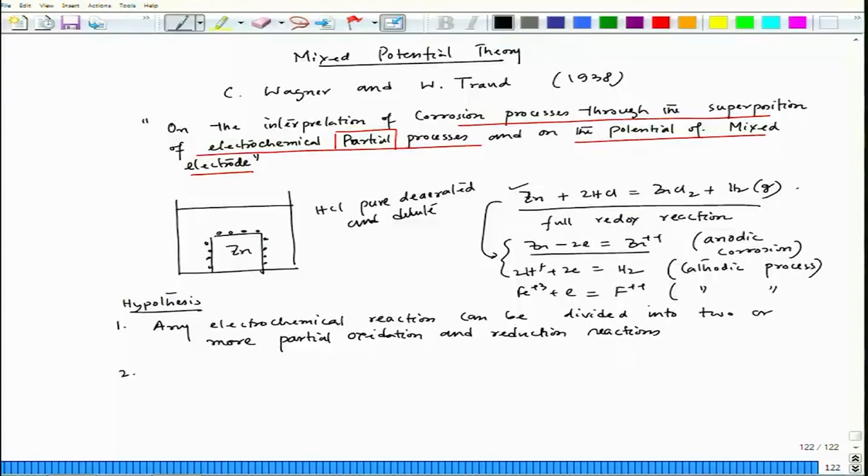And the second hypothesis: what they are saying in the title is the potential of mixed electrode.